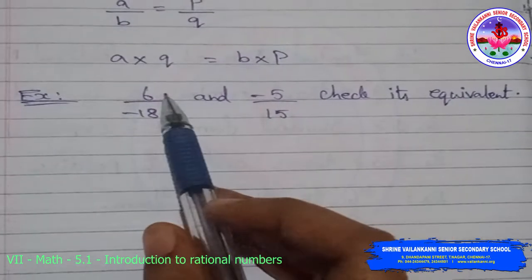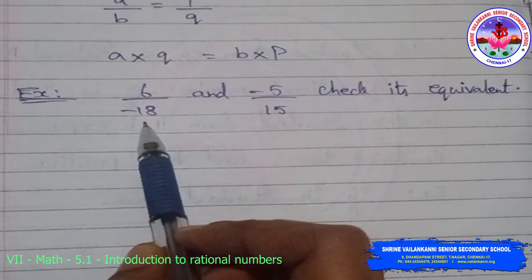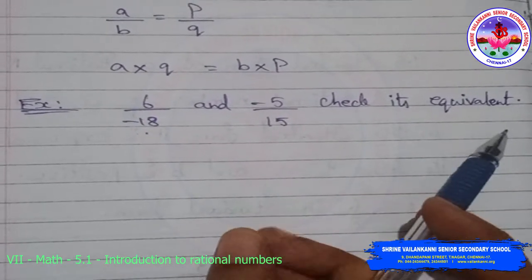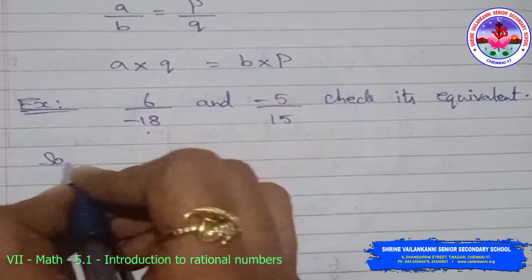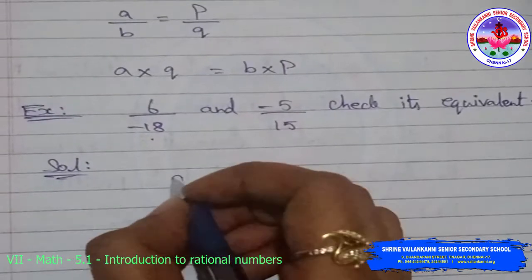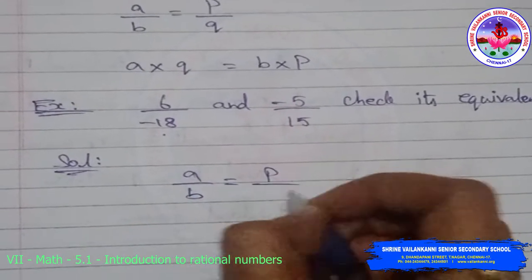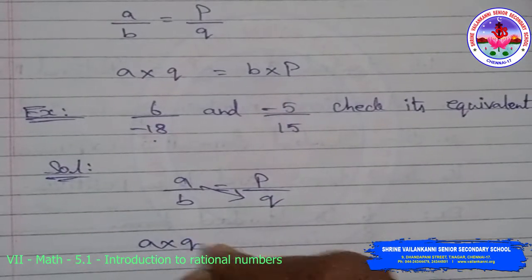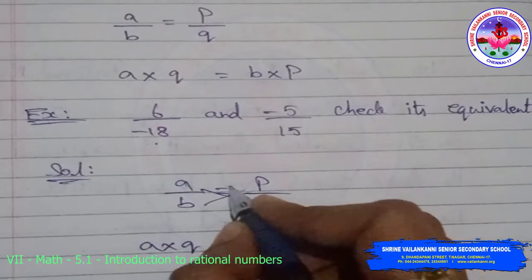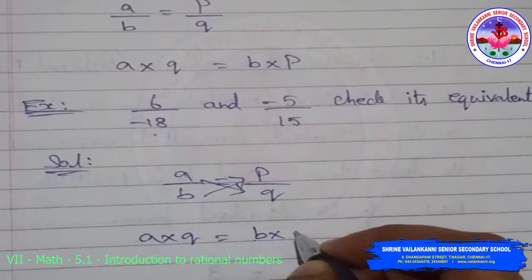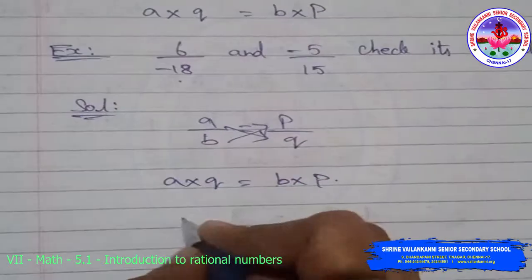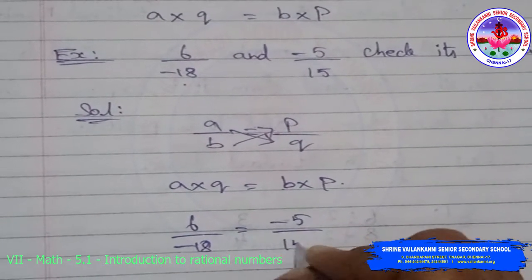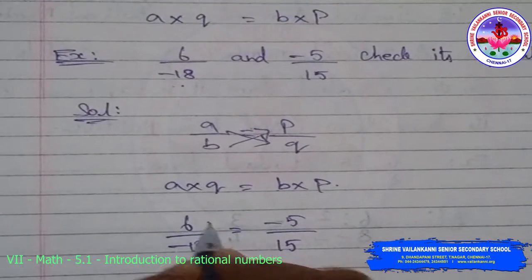Example, 6 by negative 18 and negative 5 by 15. Check whether they are equivalent. Solution: the formula is a by b is equal to p by q, that is, a into q is equal to b into p. First multiply a into q.